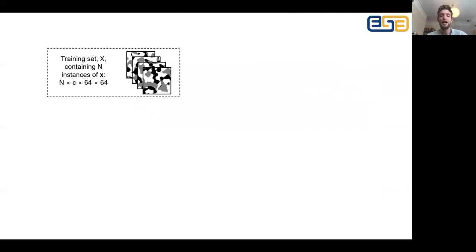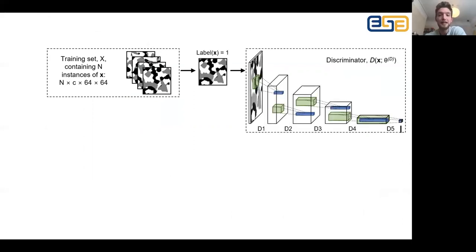So when we look, instead of just at the general detective and fraudster, we can go into more depth and think about how we actually train one of these networks. If we have a set of training images, in this case a solid oxide fuel cell material, or SOFC, we might have a set of training instances, so examples of that microstructure. We give those to the discriminator, which, if you remember, is playing the role of the detective.